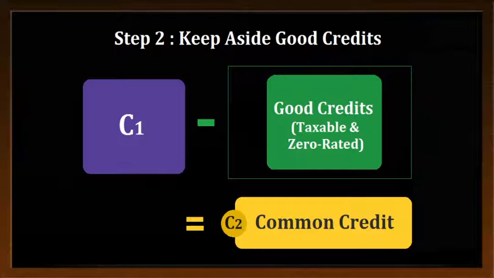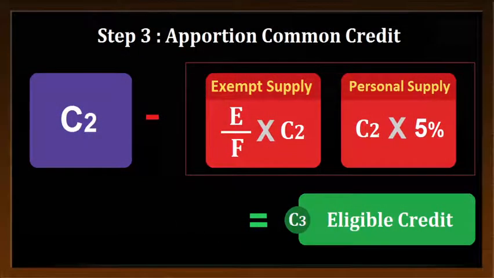Now, in the third step, I told you to remember one shortcut: England and France punched each other. So in the third step, we remove bad credits in relation to exempt supply and bad credits in relation to personal supply, so that we get the balance, that is C3. This is how exactly the chart works.